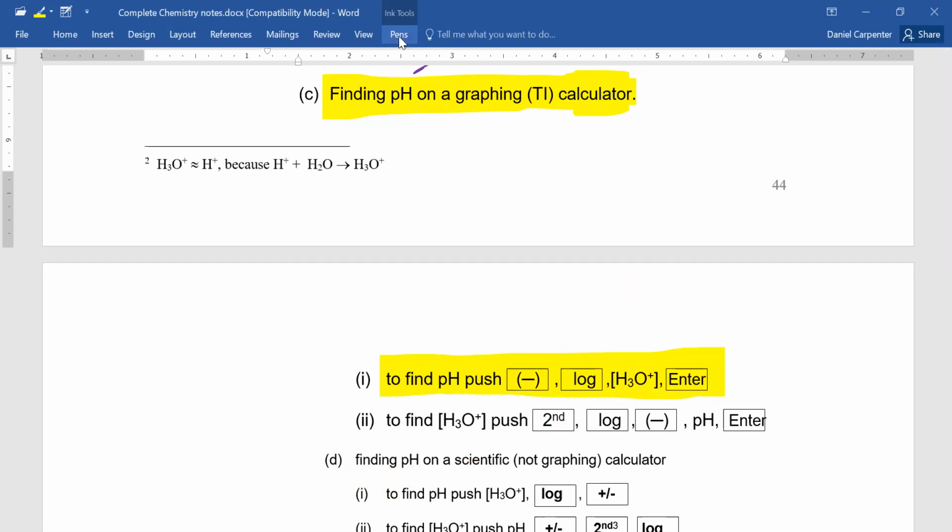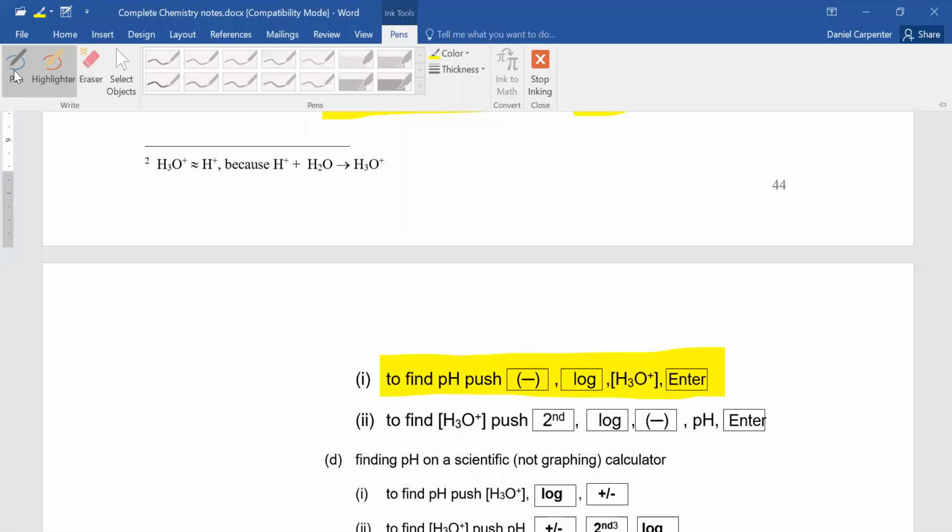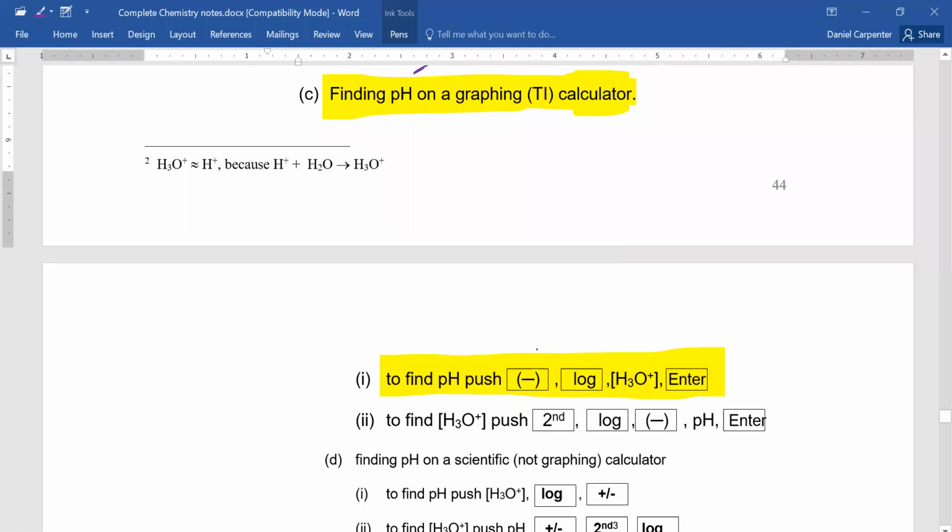Now, notice please that if I have it in a square box, that's the actual key that you push. So that's a key, that's a key, the key on the calculator. If I have it in brackets, that is the number from the problem.